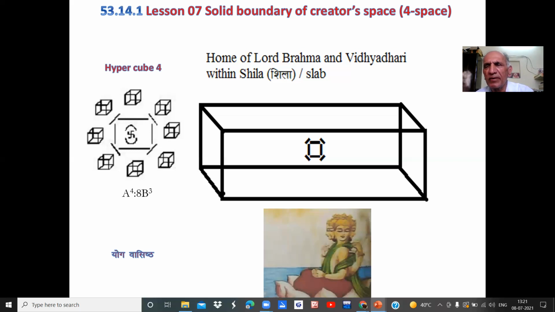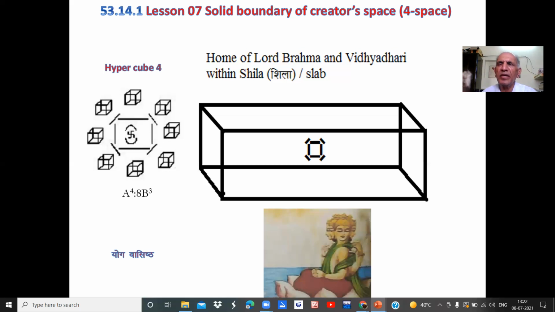The solid cube splits into 8 octants, 8 subcubes, and the four space content as such is enveloped within 8 subcubes, 8 solid bodies of the format of 8 octants split of a 3 space.